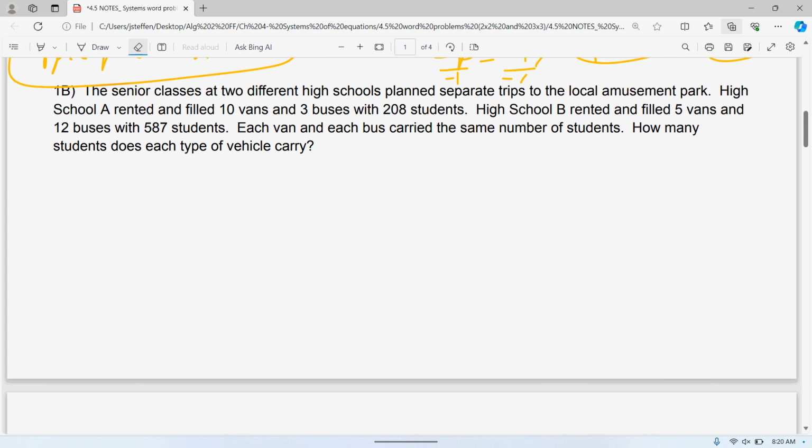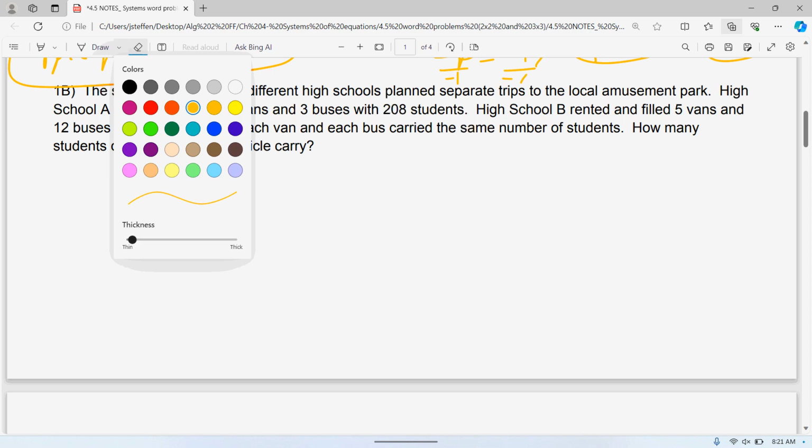So go on to the next one. Just to save some time, because I know this one's going to be another one that in a block day we easily finish, today I hope we finish it. This is a really weird lesson split up into 2 days. So to save a little bit of time, go ahead and do this one, 1B. Don't solve it. Just set it up. I'll define the variables.